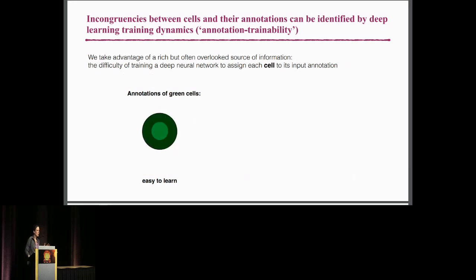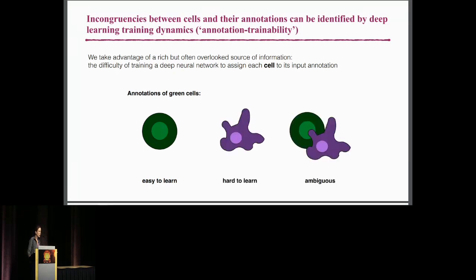So, of course, we're interested in biological systems, so we can make the analogy here to biological data, and specifically if we're thinking about cells, say we look at a single cell data set and at all the cells that were originally annotated as green cells, of a specific type, for example. So this one would be easy to learn. This one would be hard to learn in the sense that I told you about before.